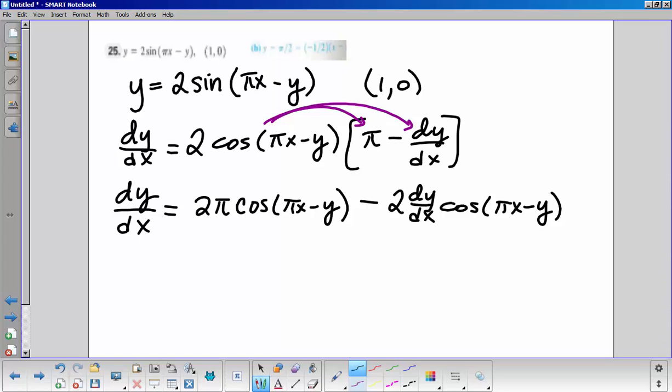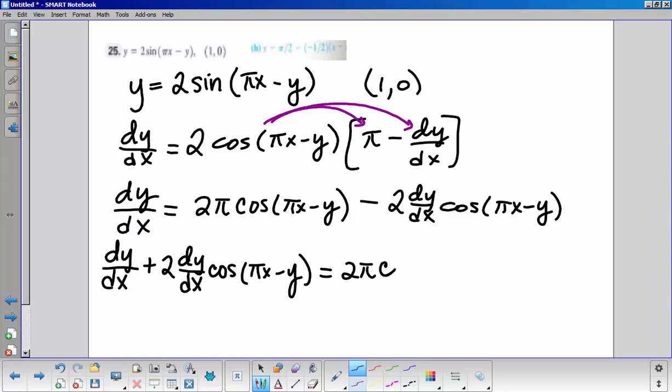And now do you see how I can just add this to the other side? So then we get dy dx plus 2 dy dx cosine of pi x minus y equals 2 pi cosine of pi x minus y. I can't write.